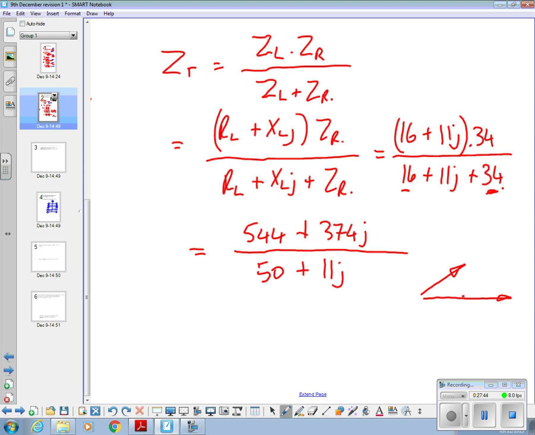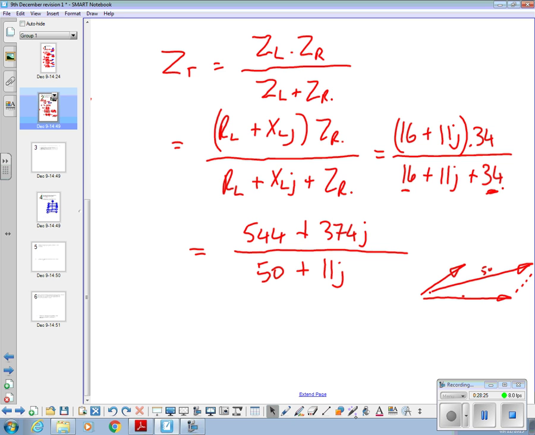We're going to add those two vectors together. So the resultant is in there somewhere. That bottom line would be 50 this way, and 11 up.